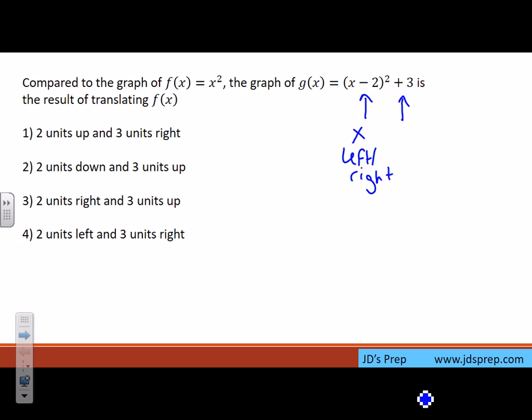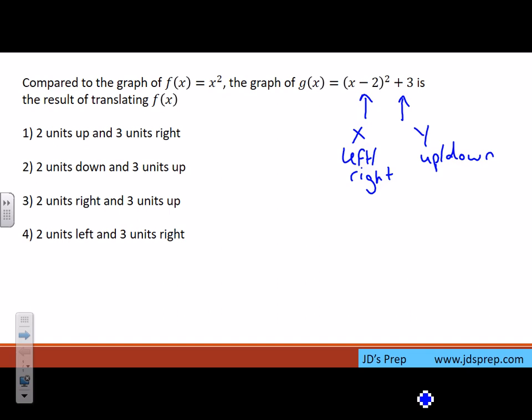Whereas the 3, which is on the outside of the square, is happening after you apply the square. This is going to be affecting the y, or the output values, moving us up or down. So the 2 is going to be the distance that we move to the left or to the right, and the 3 is going to be the distance that we move up or down.